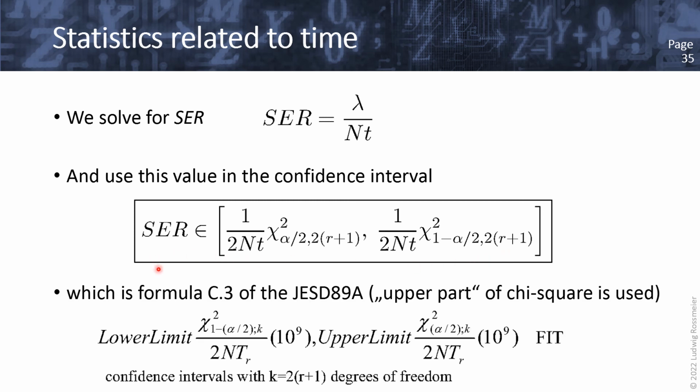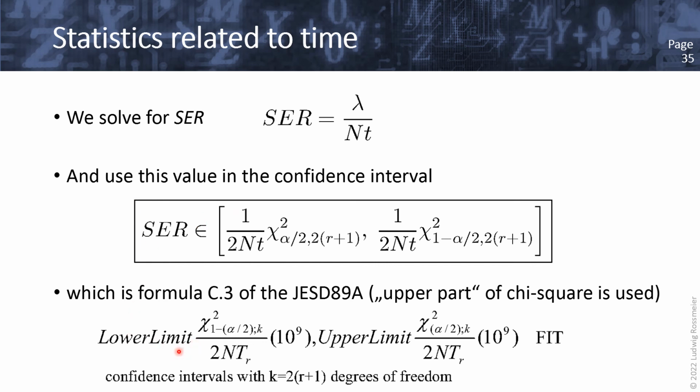This is now finally the formula C3 of the JESD89, where the upper part of the chi-squared is used. On the lower part of the slide, you see the quotation from the standard, which is a screenshot. It's written a little bit differently than in our formula here.